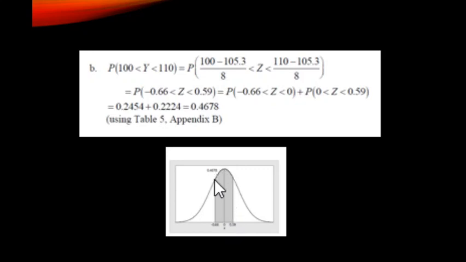Corresponding to the negative 0.66, the table doesn't have negative 0.66, but it is symmetric, so if we look up 0.66, that should give us the same area. The total area, if we add these two, should be our probability of Z between negative 0.66 and 0.59.